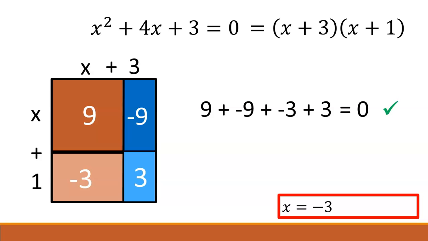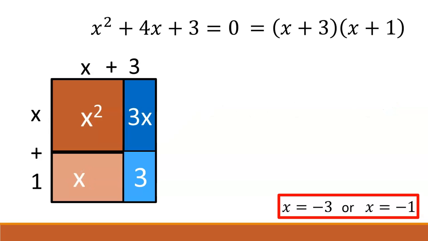Now let's repeat the process with the negative 1, which we believe is the other solution. So let's start with the x squared. When x is negative 1, x squared is positive 1. 3x when x is negative 1 is negative 3. x when x is negative 1 is negative 1. And 3 is 3.